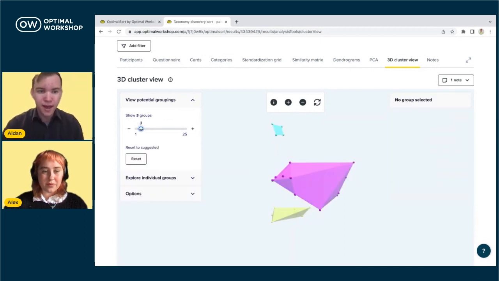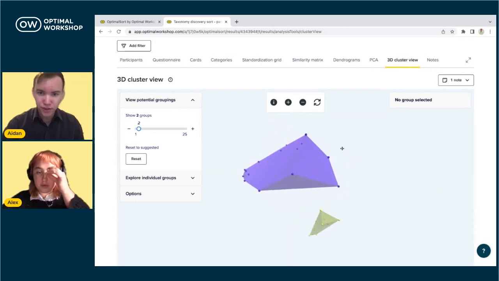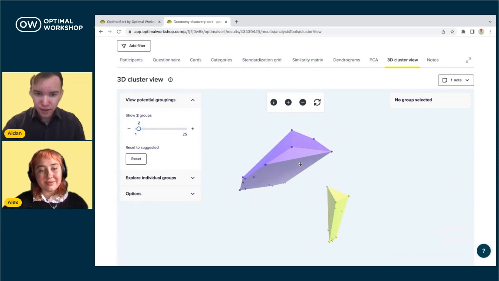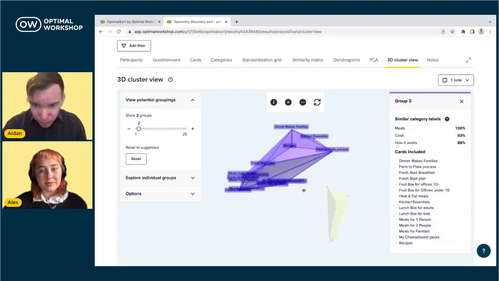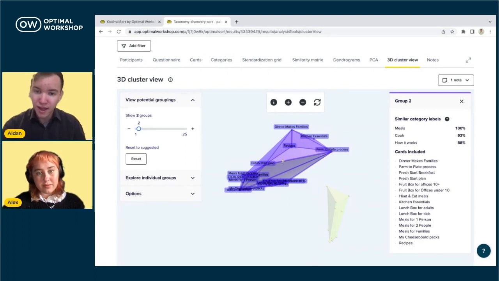So if I was to change this specific one to show maybe just two groups to start and explore this big group, that's showing the bottom of the dendrogram again, that broad bucket of meals and boxes and some of those meal related pages as well. So we're able to see those represented at a very high level here.